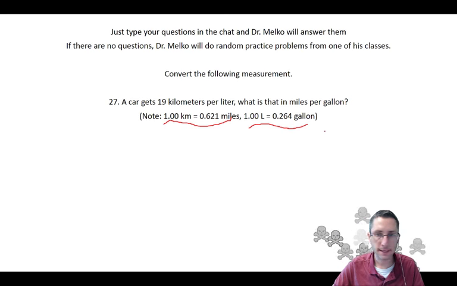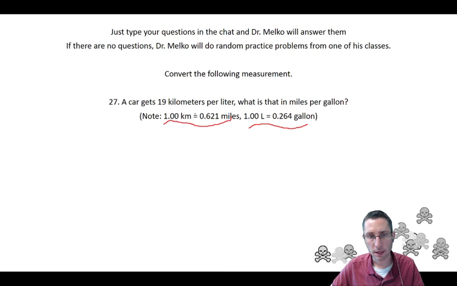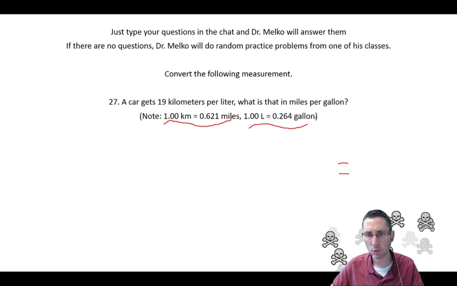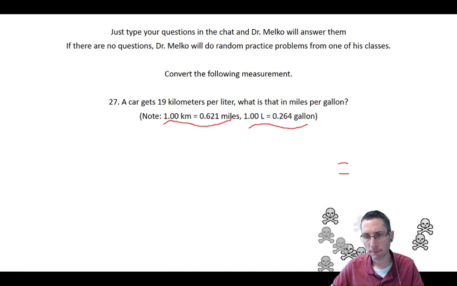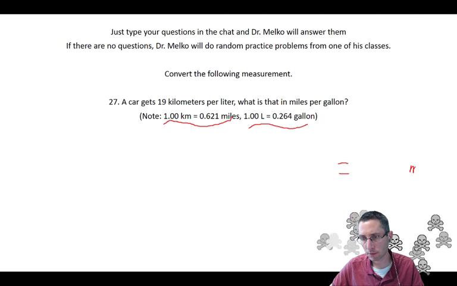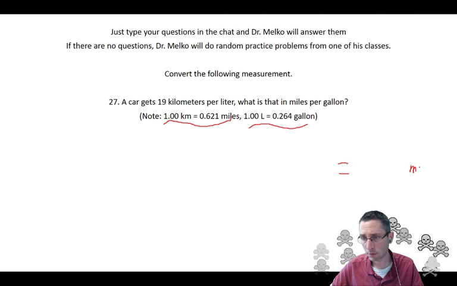All right, so let's attack this the way we do all these. In the first step, write what we're eventually after over here on the right, which will be miles per gallon. I'm going to encourage you to write out these units in the following manner.